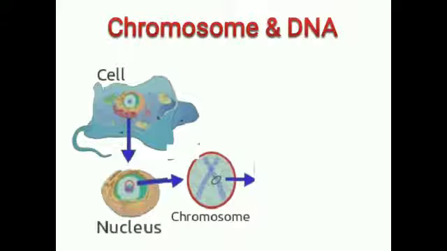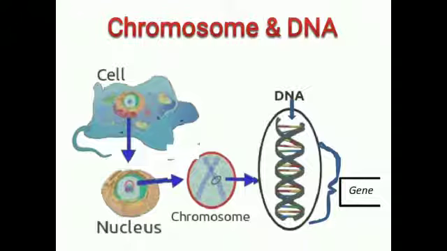Now see the DNA. Now what is DNA? A chromosome consists of protein and a nucleic acid, which is called DNA.